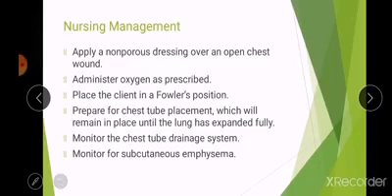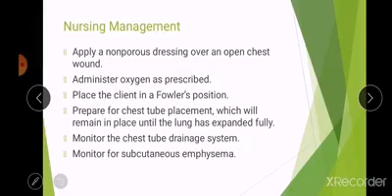What are the nursing management? Apply a nonporous dressing for the open chest wound. Nonporous, ano ulit yung nonporous? Impermeable, hindi nakakapag-pass through ang fluid. Now, let's have this administration of oxygen as prescribed because of hypoxemia.